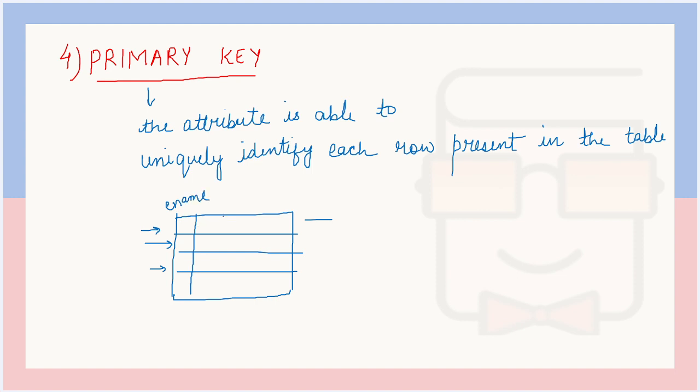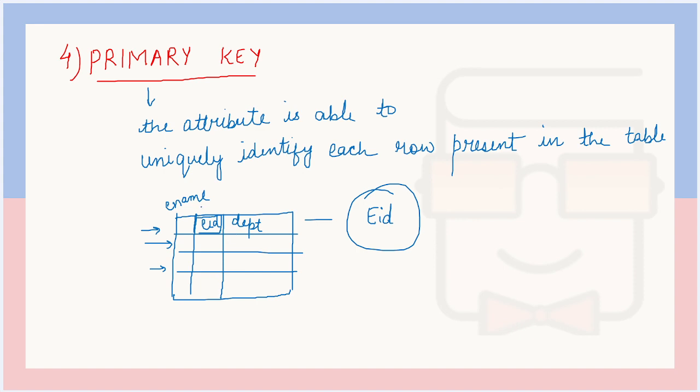Then the second column can tell you the employee ID. Then the third column can tell you the department in which the employee is working. Now, using the values that are present in the employee ID attribute, we can uniquely identify each and every row or each and every employee that is present in this table, because there might be a scenario when two people working in a particular company can have the same name.